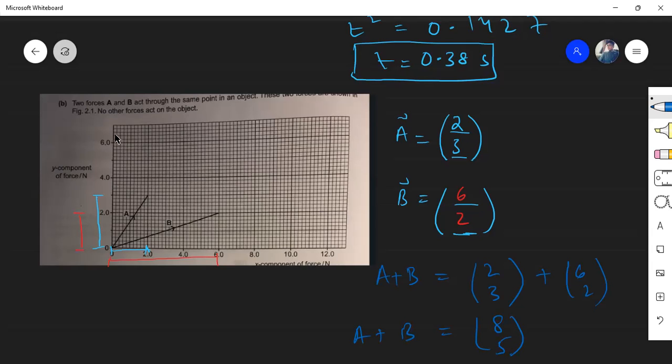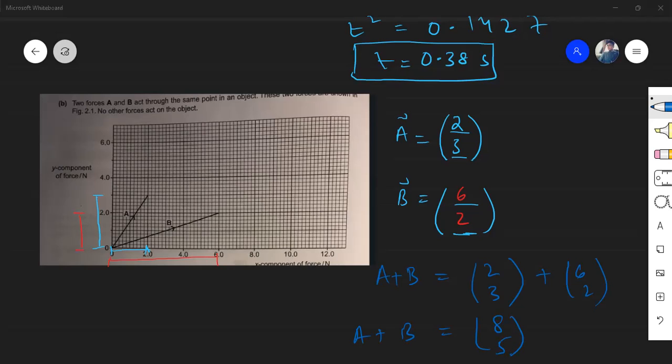But what they're asking us to do is find the magnitude of the resultant of the two forces.